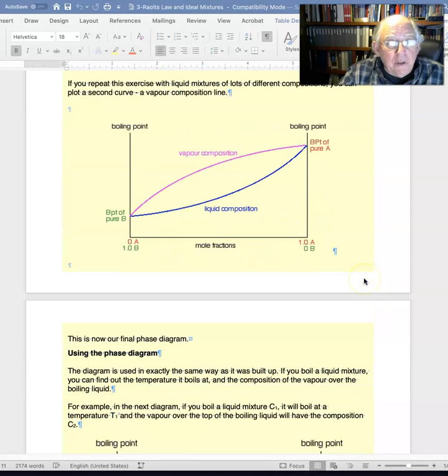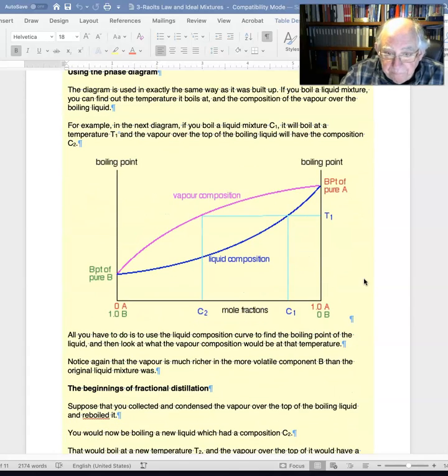So now how do we use this? Well, let's say that we start off and we have a liquid that has a certain concentration of A and B. That's this point here, C1.